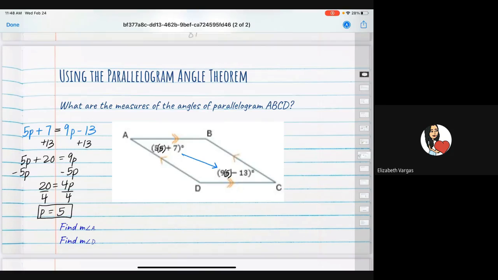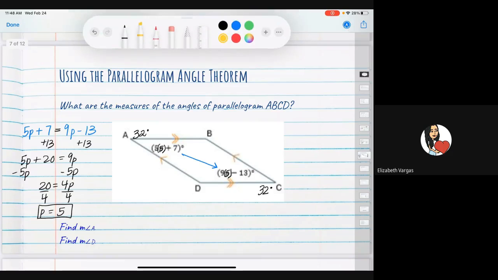So by doing so, I would find out that this is equal to 32, which means that this would also be equal to 32. Okay? So now what if I wanted to find the other two missing angles? Well, what do I know about consecutive angles? Well, I know that I could add those two together and they have to equal 180 degrees.